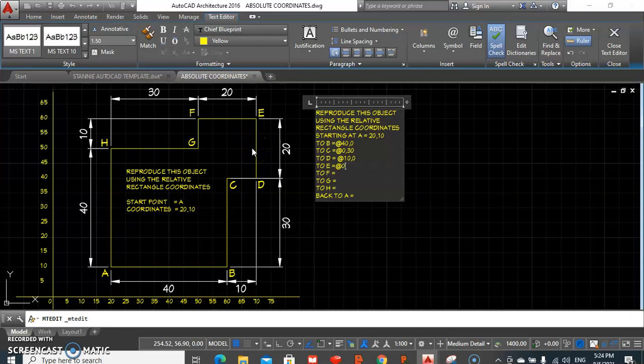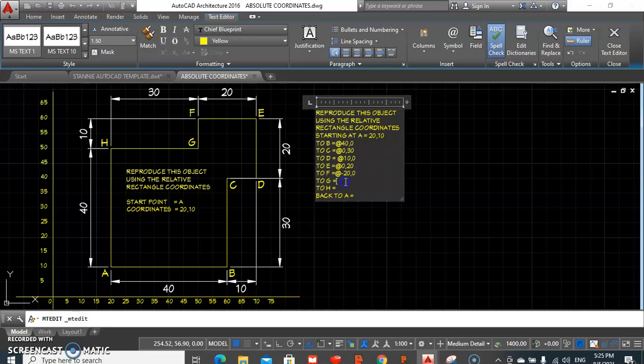So there was 0 horizontal and there was 20 vertical. To get from E to F, we had horizontal movement, which was negative 20. We had no vertical movement, so we have 0.